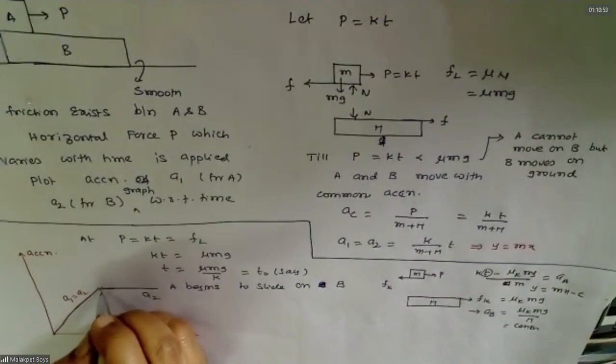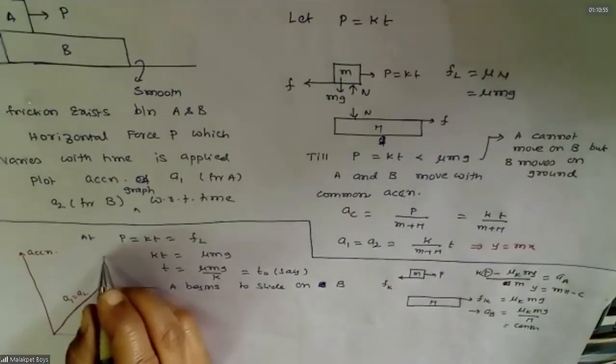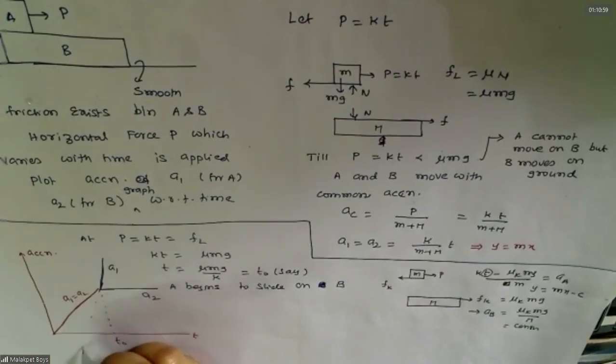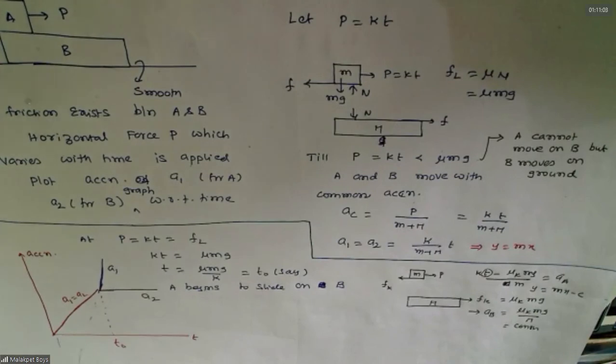So it is negative slope, no? Because you should have negative intercept, no? Do you agree with this? Yeah.